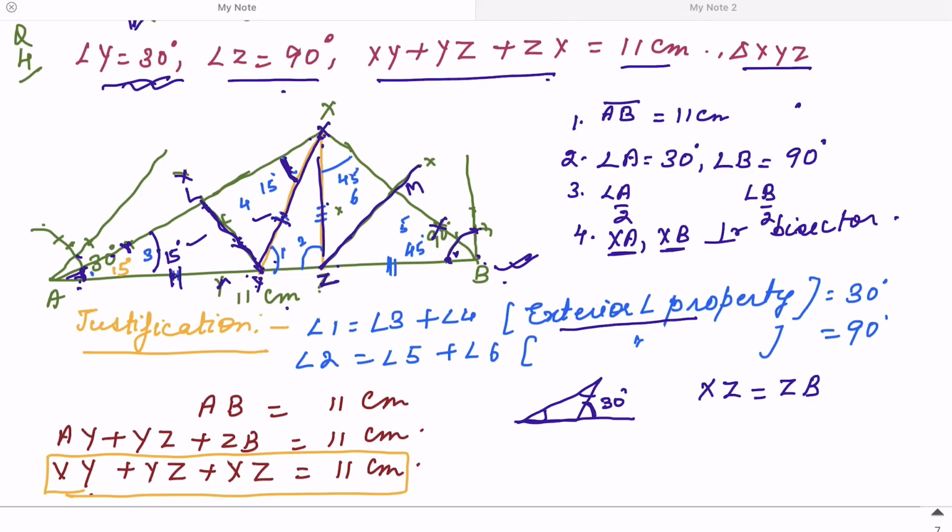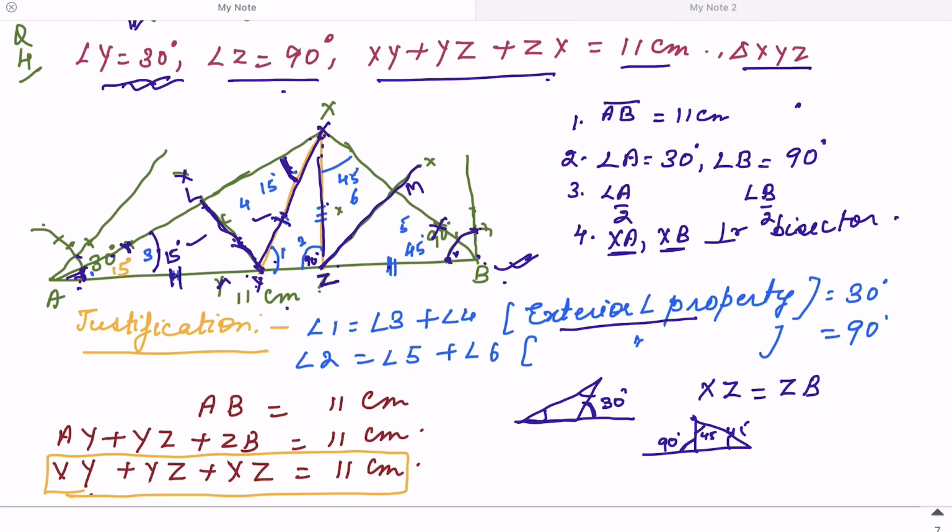As XZ and ZB are equal, the angles opposite to these two will also be equal. Here this one is 45 degree and this angle is 45 degree, that means the exterior angle will be 90 degree, and so this angle will be 90 degree.